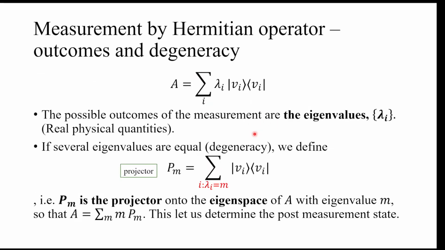But there are two differences. The first is that there is a physics connection, and the outcomes we label by the eigenvalues lambda i. The second is the degeneracy we talked about, and we don't have time to go into detail. Sometimes there are many eigenvectors that have the same eigenvalue, and in that case the measurement is actually a bit different. We'll see the details about degeneracy next time.